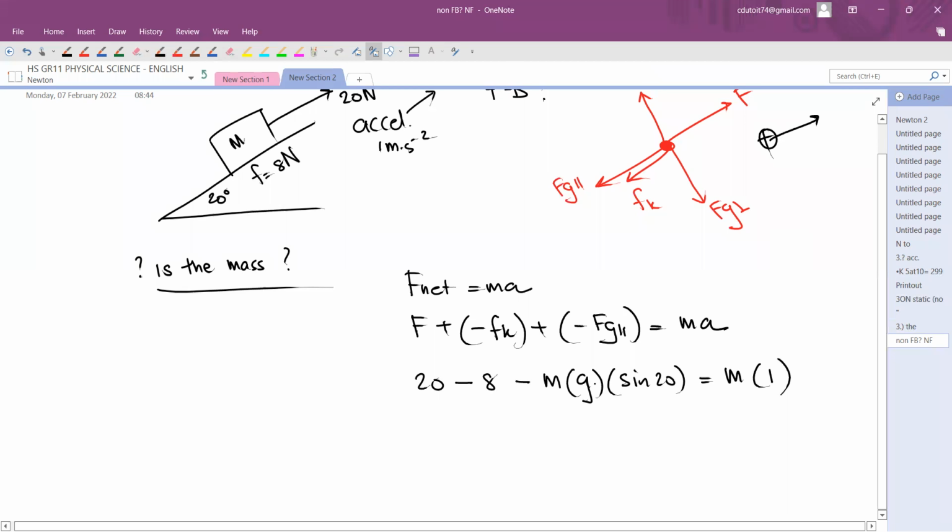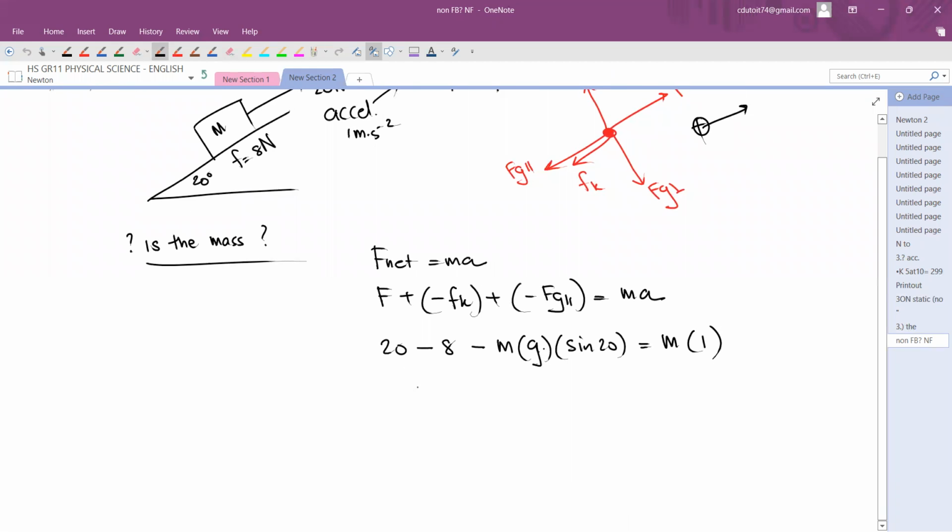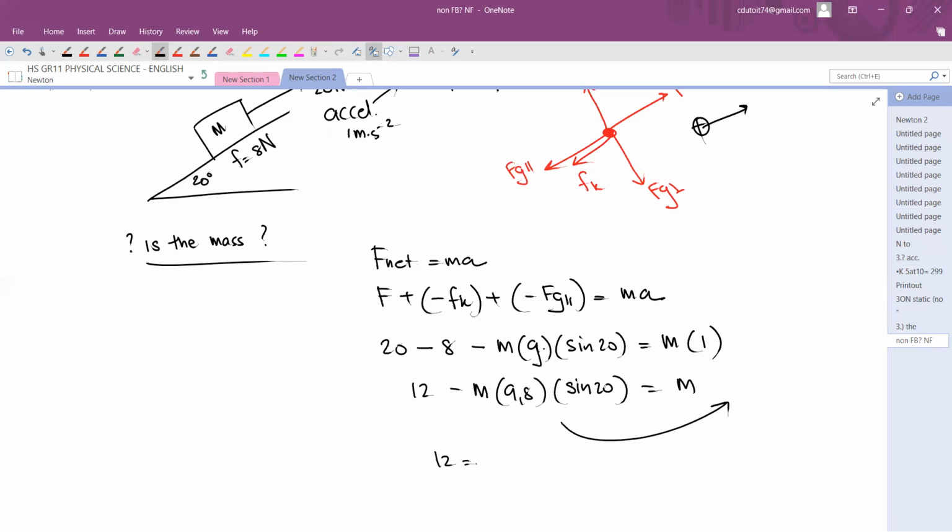So, look, this was a difficult sum. I didn't know the mass, and this is the first time they're asking for the mass. So let's just work that out. I've got 20 minus 8, which is 12, minus the mass I don't have, times 9,8 sin 20. I don't know what that is, so I'm just going to write sin 20, then I can type it in a calculator. And that equals 1 times the mass. So I'm just going to throw that part over to the other side of the equation. So 12 equals 1 times the mass, plus 9,8 times sin 20.